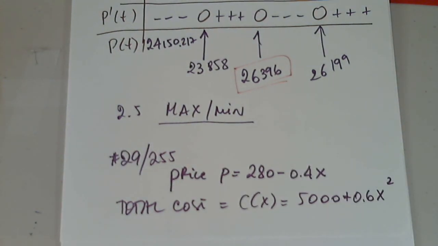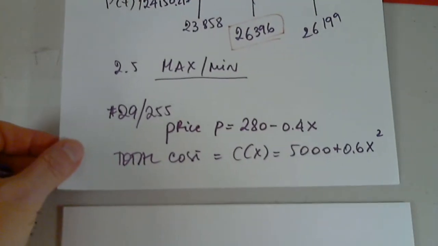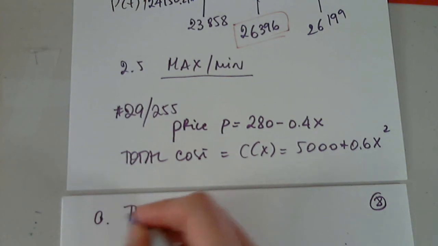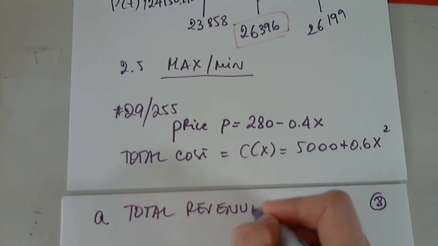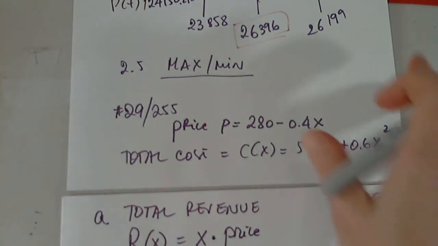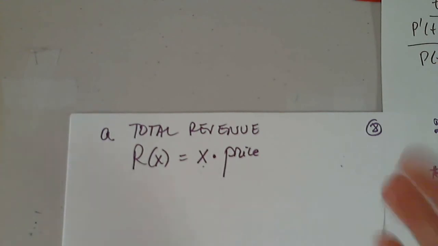Find the total revenue. So, part A, total revenue. Revenue of x is x multiplied by the price, the number of units multiplied by the price of the units sold.